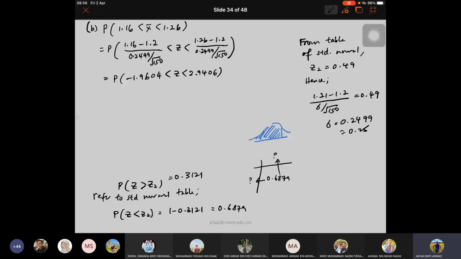So daripada sini, dapatkan dekat table of standard normal. So apakah dia punya nilai? Okay. So negatif 1.96 and also 2.94. Okay. So ini adalah dia punya nilai.